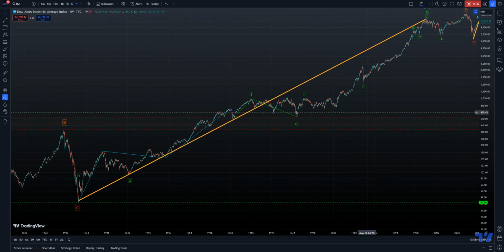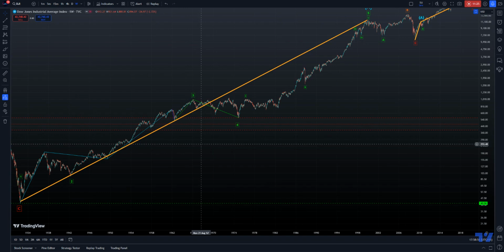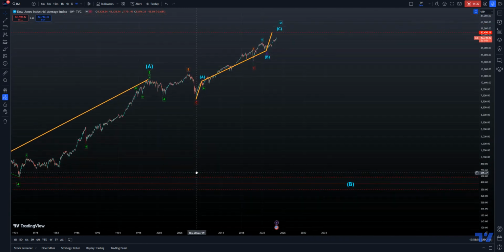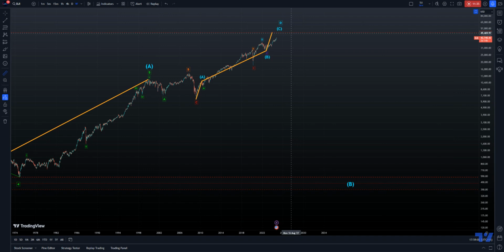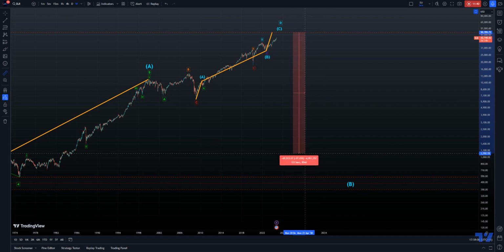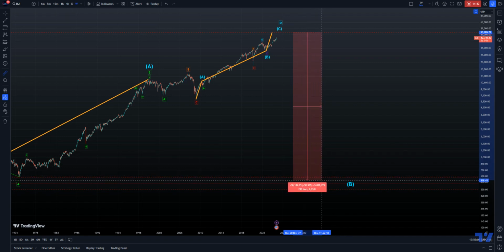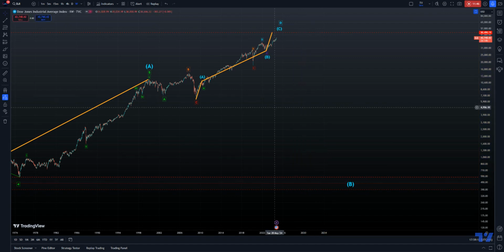That's great. So this is the area I expect it to fall back down towards within a wave B of a larger zigzag pattern, right? So that means that from 50,000, if that's the target, because it is according to that particular count, then you're looking at about 98%. It's a massive move, right?